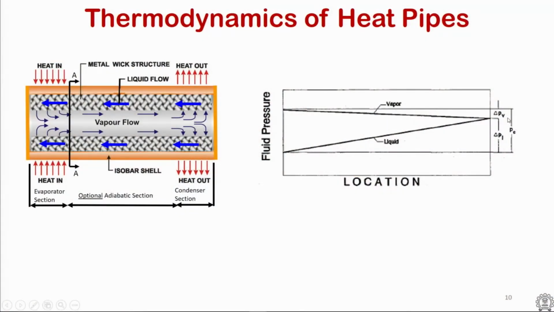But at the condenser the liquid will be at the highest pressure, and as the liquid flows down from condenser to the evaporator, it drops to the value of the capillary pressure. The summation of the vapor pressure drop and the liquid pressure drop is equal to the capillary pressure that is enabled in the heat pipe.